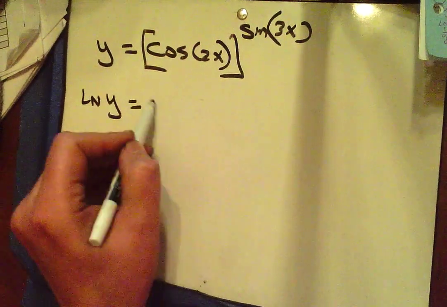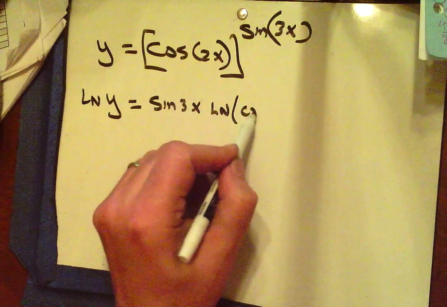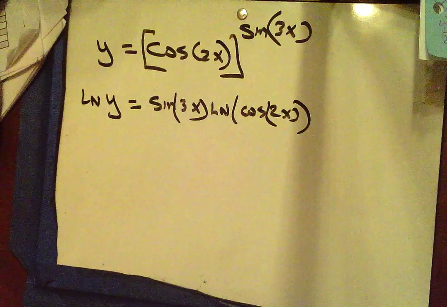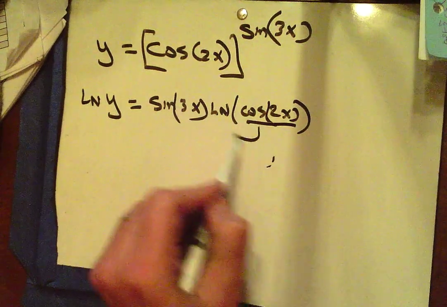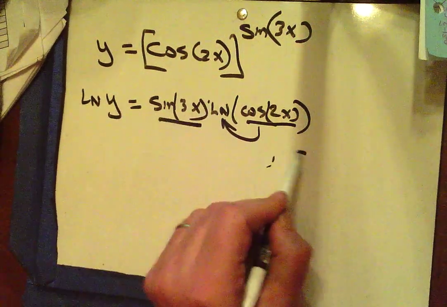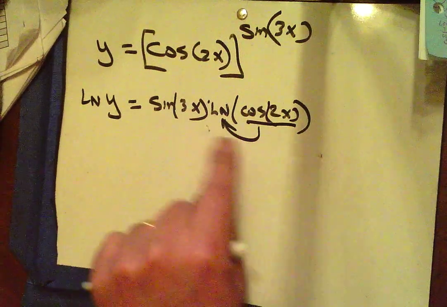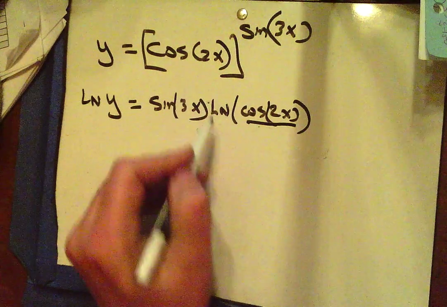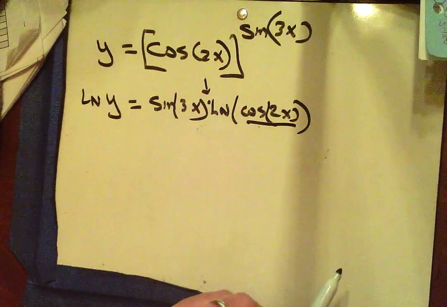ln of y equals sine 3x ln of cosine 2x. Okay, careful. This is inside of that, but this and this are being multiplied together. Some students sort of lose that in all the symbols. So really I'm looking at the product rule.